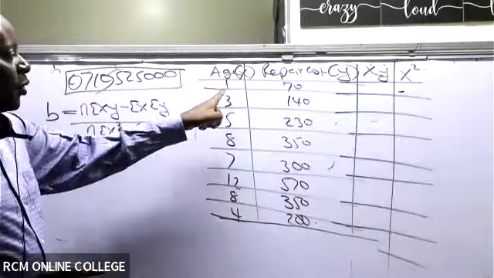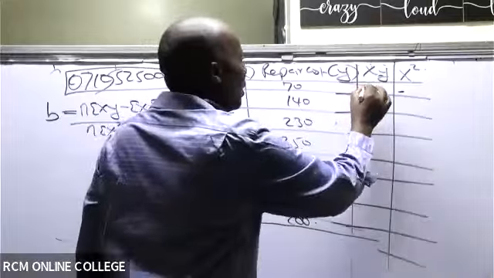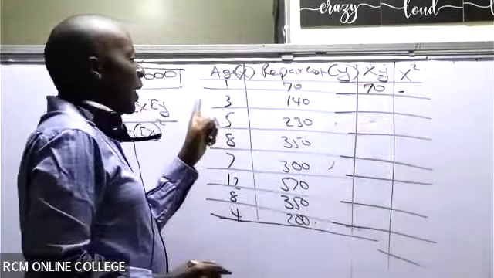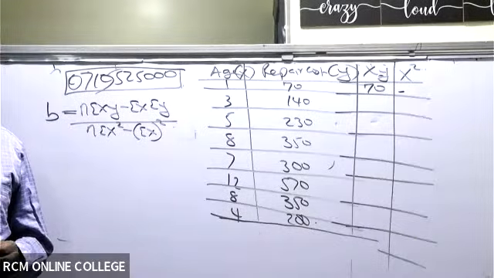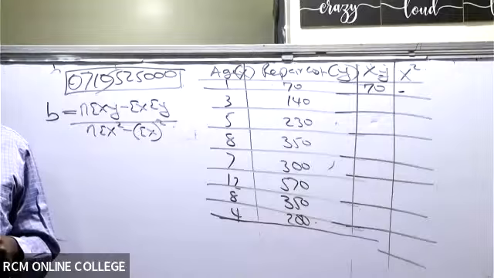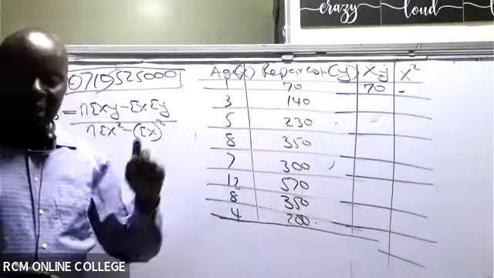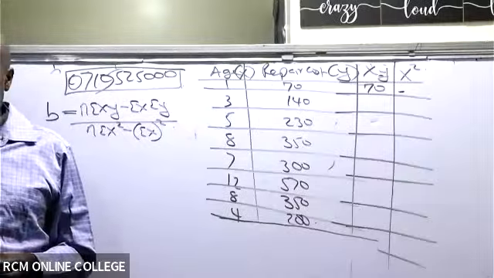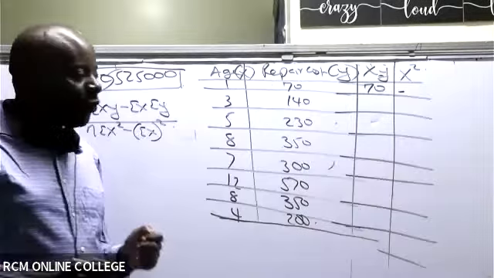So xy means you're multiplying. So 1 times 70, this gives me 70. How about 3 times 140? Can somebody give me 3 times 140? You guys must give me these values. So that gives me what figure? Chitechi Laura, 420.